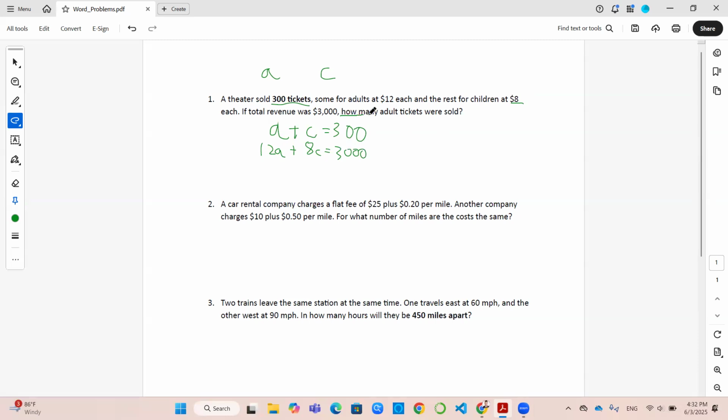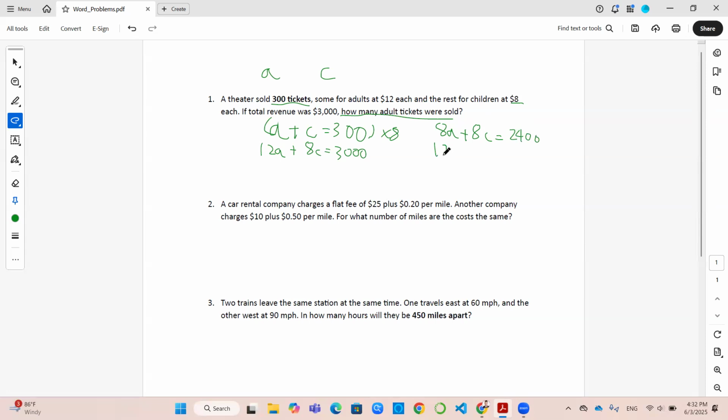And since we're trying to get the adult, I'm gonna try getting rid of the C here. So what I'm gonna do is multiply this first row, all of it, by 8, and it will become 8A plus 8C is equal to 2,400.